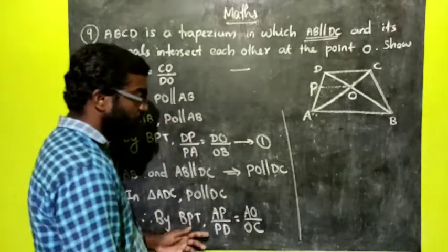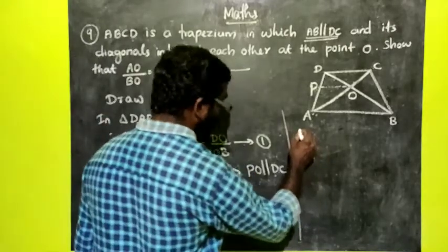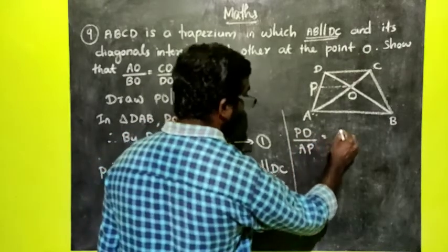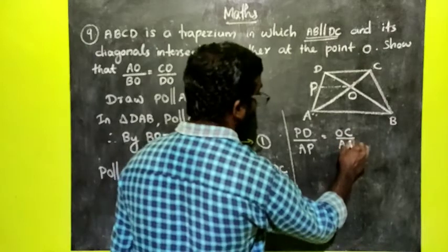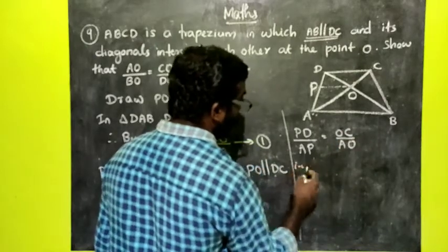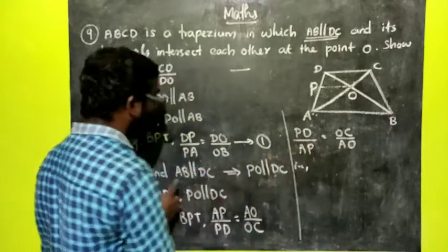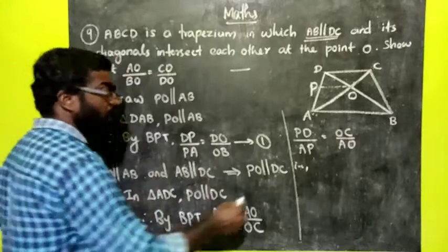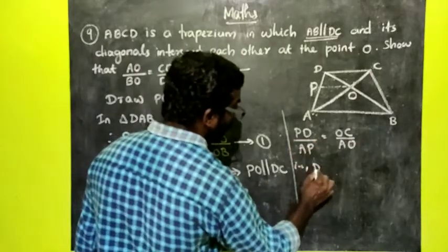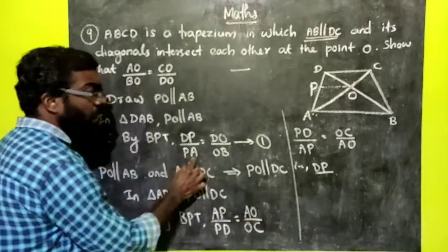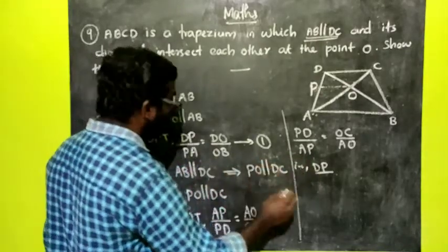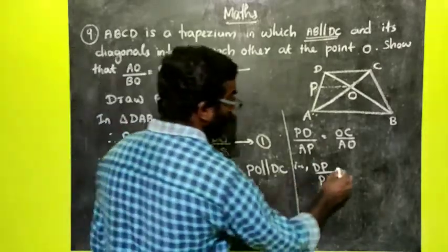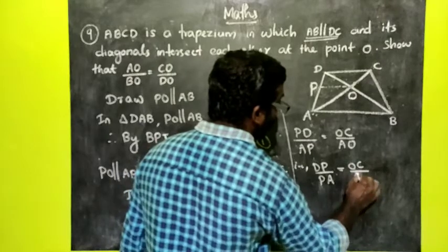Now I am going to take the reciprocals on both sides. So on taking reciprocals, we get PD by AP equal to OC by AO. PD and DP are the same, and PA and AP are the same, so we write the same notation as in the first equation: DP by PA is equal to OC by AO.